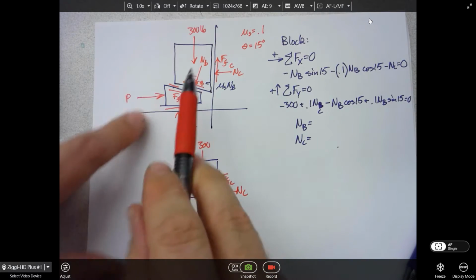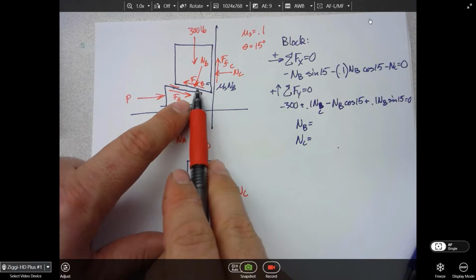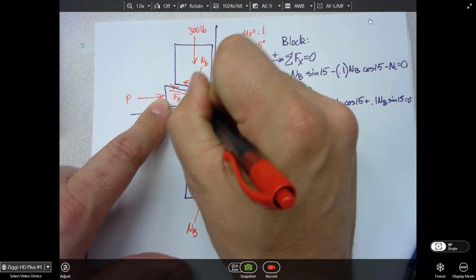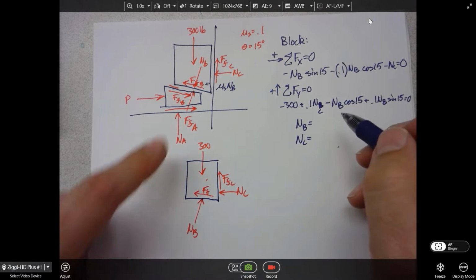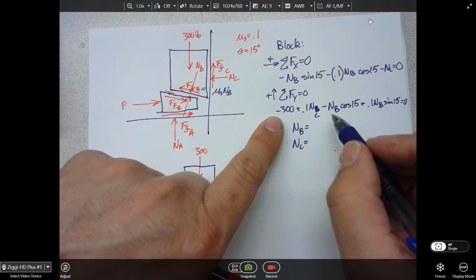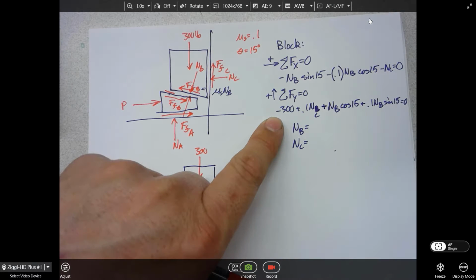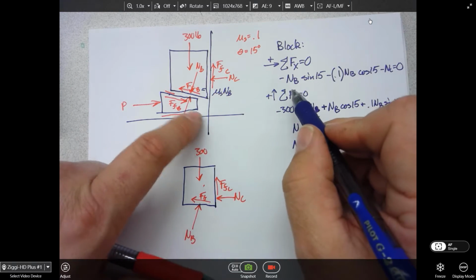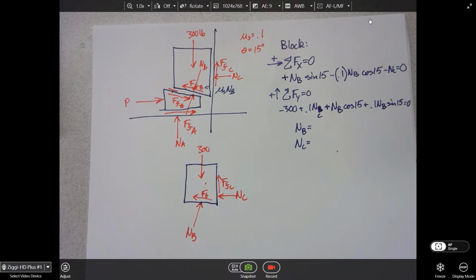Does everyone see what happens in this free body diagram where I have them together? I only put normal at B, but that's the normal at B that acts on the wedge. The normal at B that acts on the block would be equal and opposite, right? So that changes some of the forces in the Y. Now my normal at B is going up, right? And in the X, my normal at B is also going in the positive X then, right?